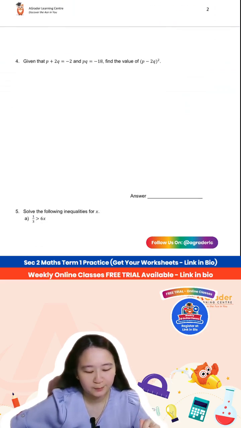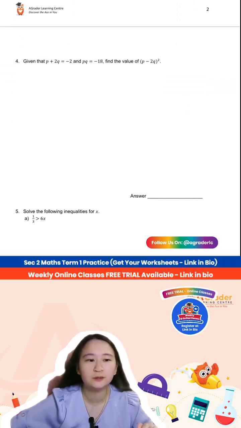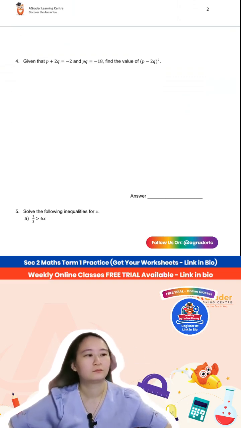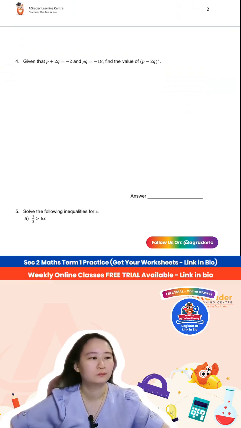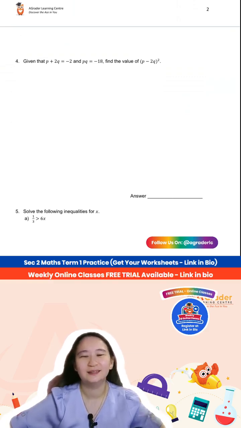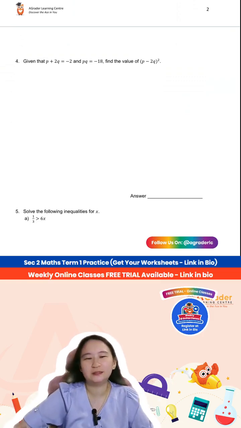Given that p plus 2q equals negative 2 and pq equals negative 18, find the value of p minus 2q, the whole thing squared. You can just use a pencil. Then you don't have to waste your correction tape. You can use an eraser.